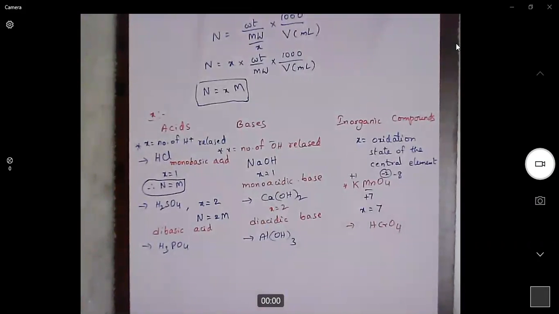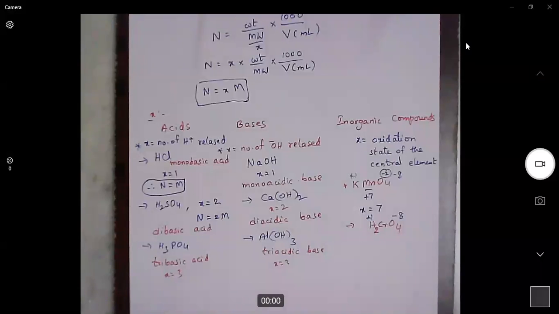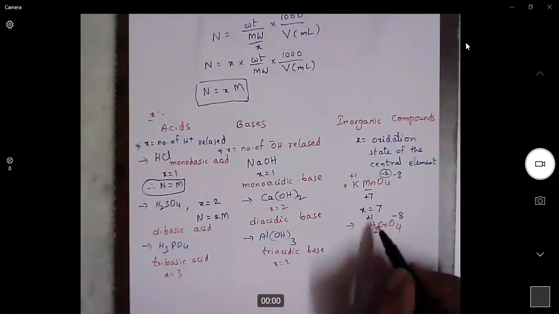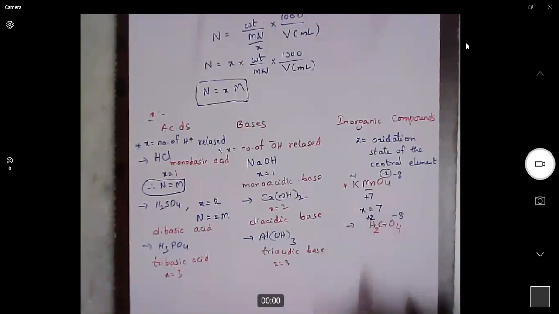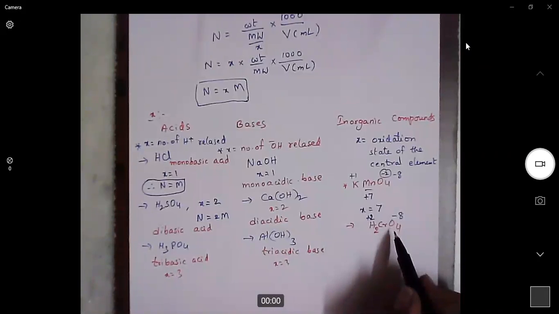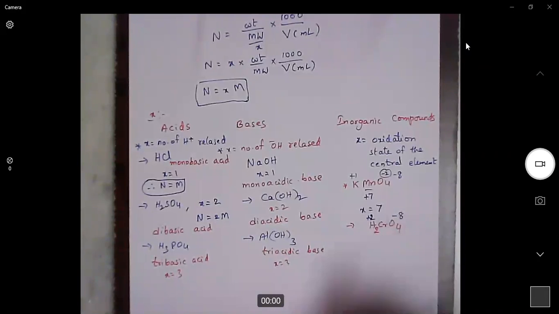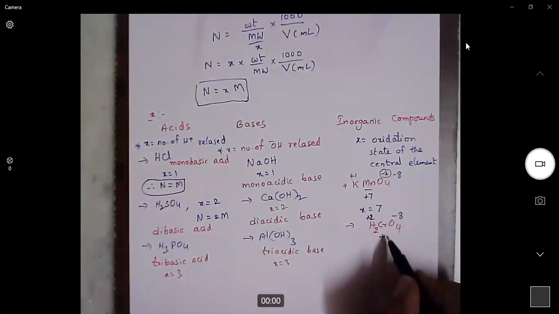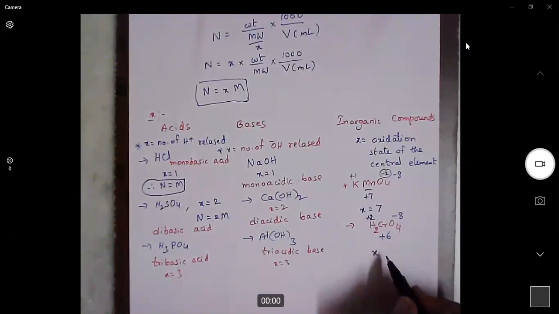In the case of H2CrO4, hydrogen is +1, there are 2 hydrogens so +2, oxygen is -2, there are 4 oxygens so -8. So altogether, chromium will have a +6 charge. So in the case of chromic acid, X is equal to 6.